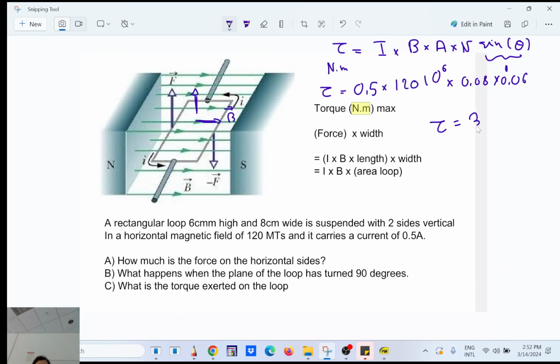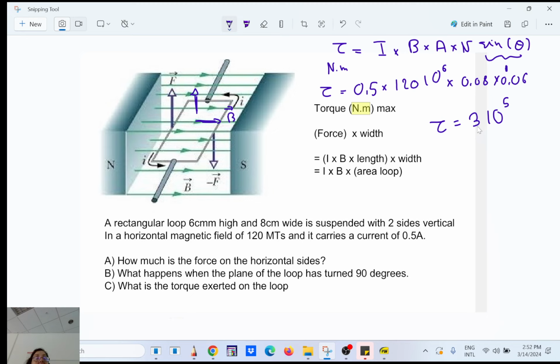2.88 times 10 negative. No, not negative. Why negative? You have 10 to the 6 here. Is that right? Did I make a mistake?